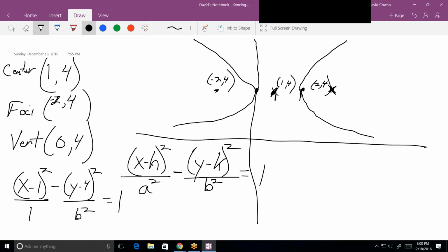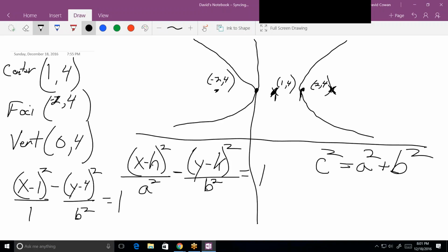So the only thing I still need is b. Well, the one thing I know from the information they gave me is c. What's the equation that relates c to a and b? The Pythagorean theorem: C squared equals a squared plus b squared. And I'm solving for b. What is c?